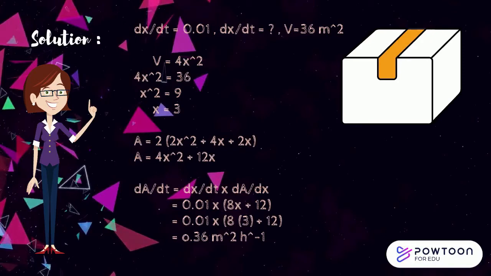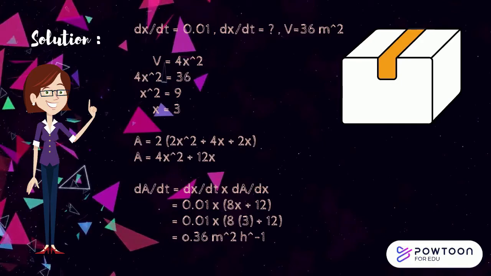The next thing we need to do is find the area of this tank. Why do we need to find the area? Because the question asks us to find the rate of change of the surface area. So, we need to find the area first. Since the question gave us a 3D figure, everything we calculate will be doubled.